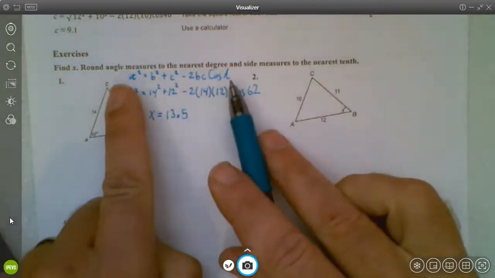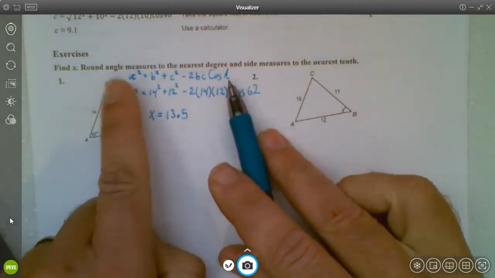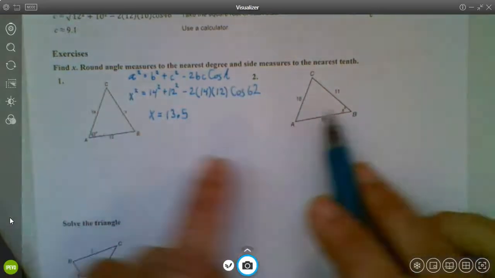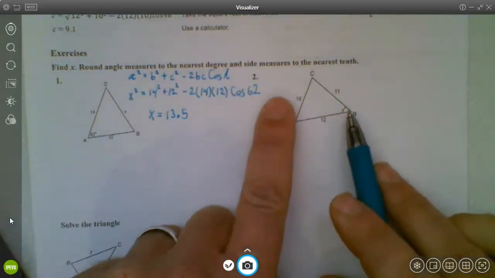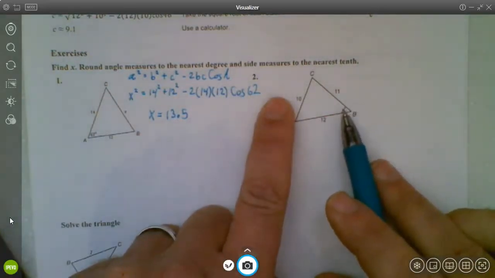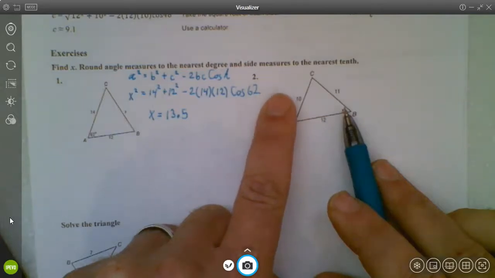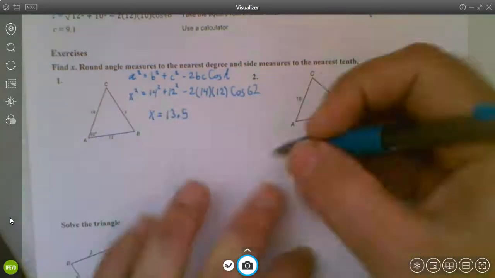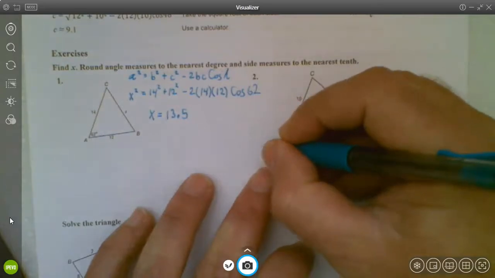Remember the key relationship is right here. So whatever side this is, it's across from this angle. So because I am working with angle B, I want to isolate side B for this piece of the formula here. Okay, so we're going to say 10 squared.